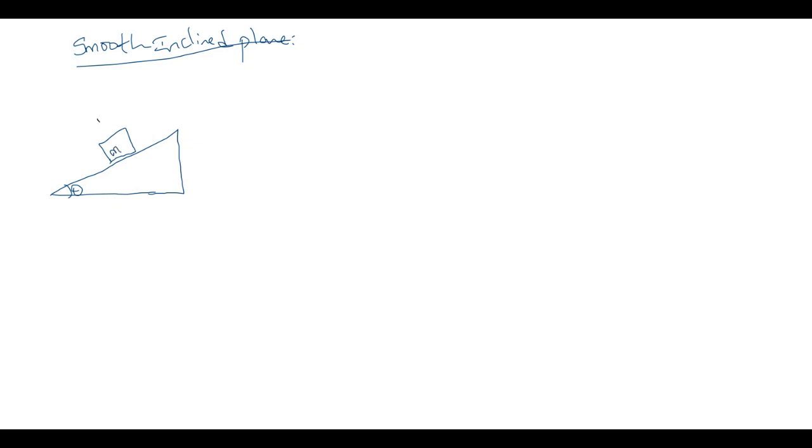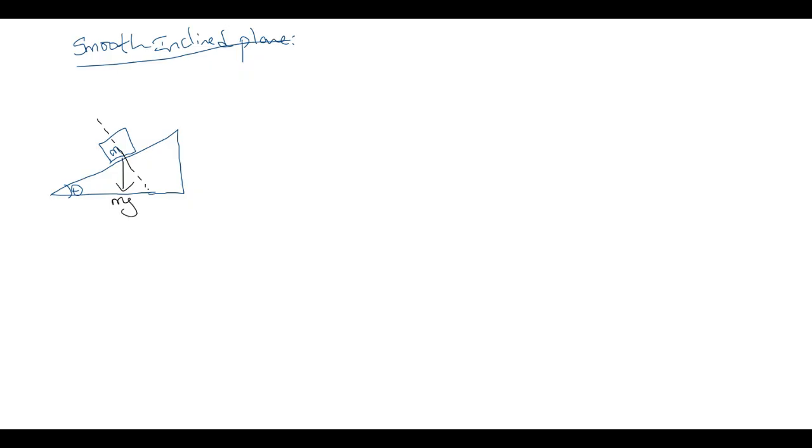Next one is smooth inclined plane. Okay, so how will be an inclined plane? An inclined plane will be like this. There will be an inclination from the ground of theta degrees. If we have a body of mass m, block m. Now weight will be downward.